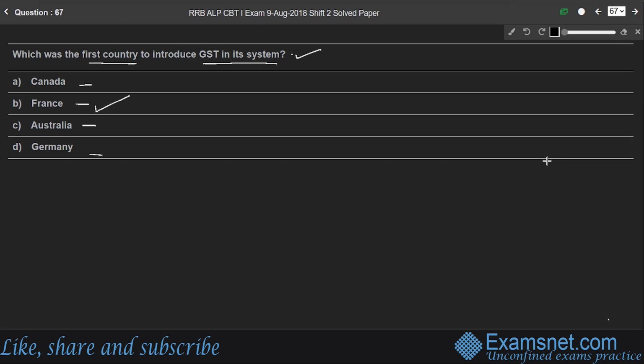It's a value added tax levied on most goods and services sold for domestic consumption, right? France was the first nation to implement GST in 1954.